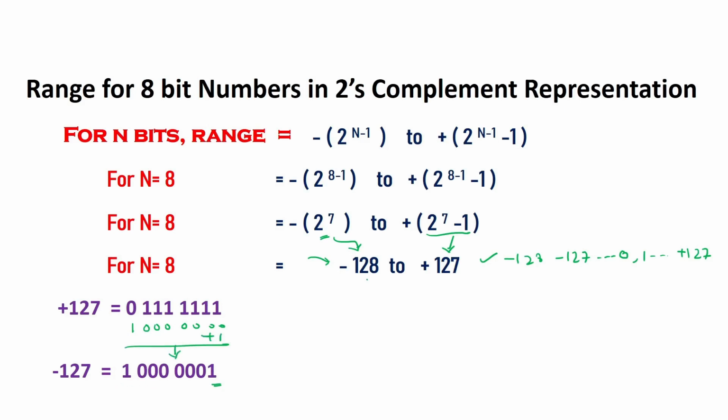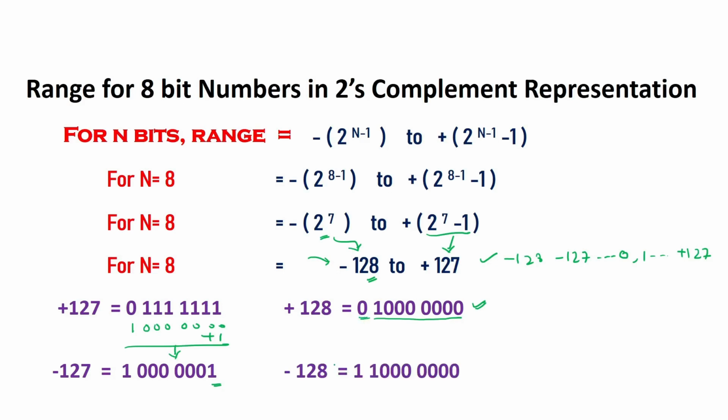Now if you have to represent minus 128, you can see this is actually 128 with an extra 0 added. Minus 128 will be this: first you flip them, 1 1 1 and this 1 1 1, and then you add 1, so you get all these zeros, and here it will be 1 1. So you got this answer, right?